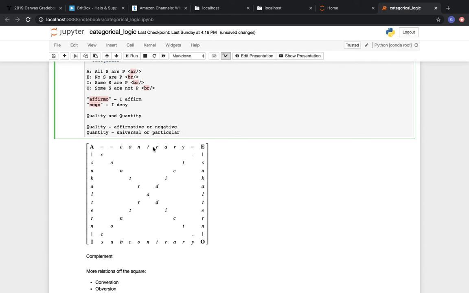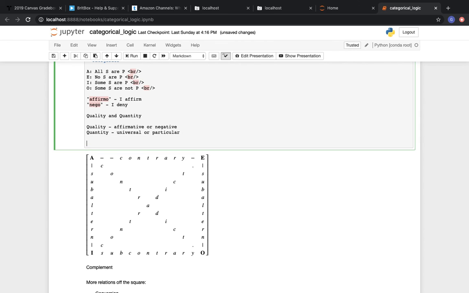Now, these four claims are standardly put at the corners of a square, much like this one. And the idea is that these four claims bear certain important relations to each other. But before proceeding, I want to emphasize one point, which is that these relationships that govern this square and that obtain between these different types of claim will do so only if the claims in question are corresponding claims.